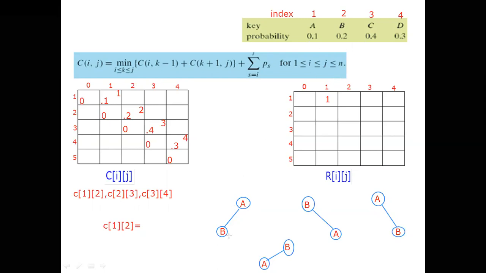Otherwise, B can go as the right child of A. That is the second one. Otherwise, B can be root, A can go as the left child. Otherwise, B is the root, A can go as the right child. Among this many combinations, we want to calculate which binary search tree is optimal. That's why we have to use this formula. It will be easier than drawing this many trees.